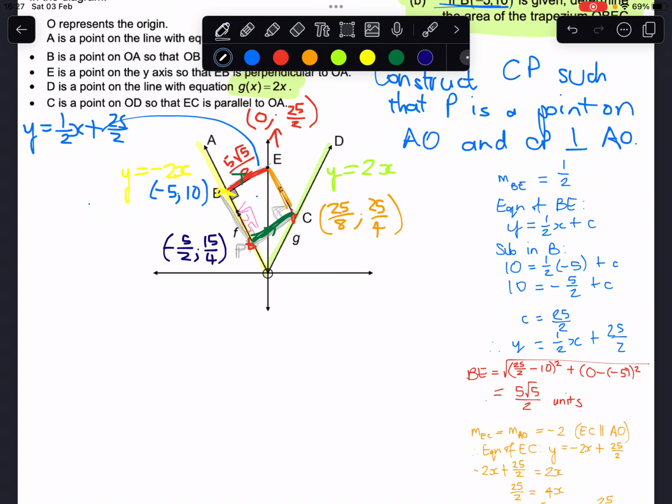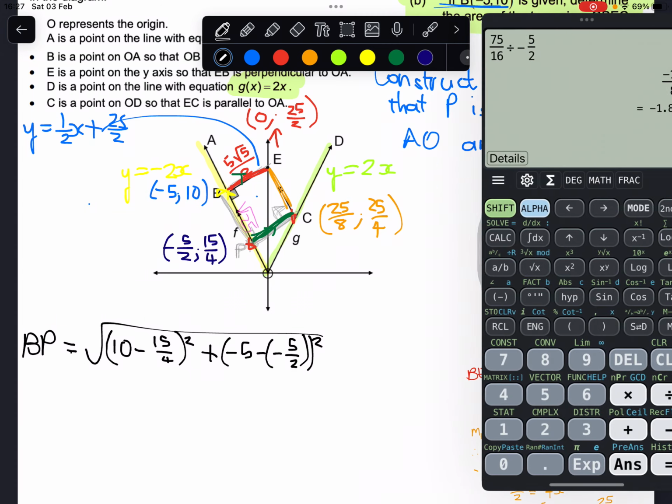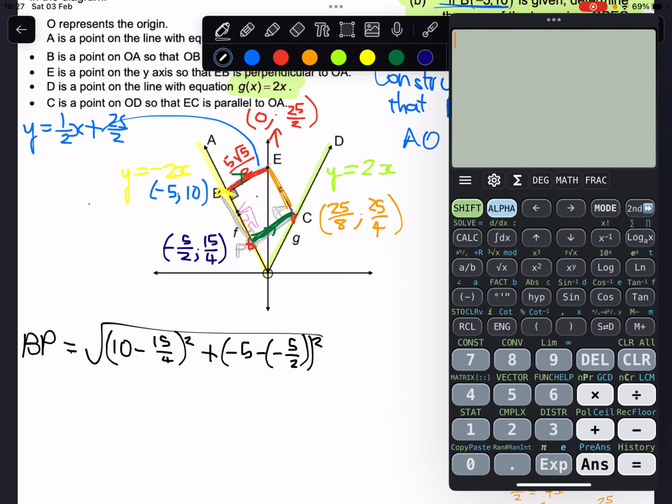Let us find the length of BP, right? So BP is equal to the square root of 10 minus 15 over 4 squared plus negative 5 minus negative 5 over 2 squared. And let's see what Kalki has to say about that.